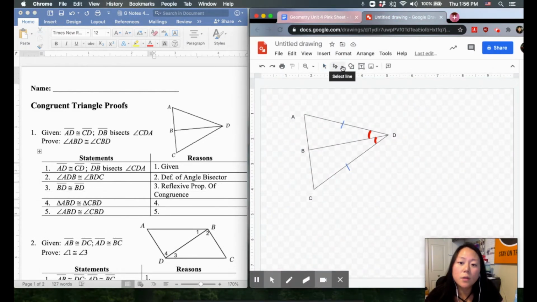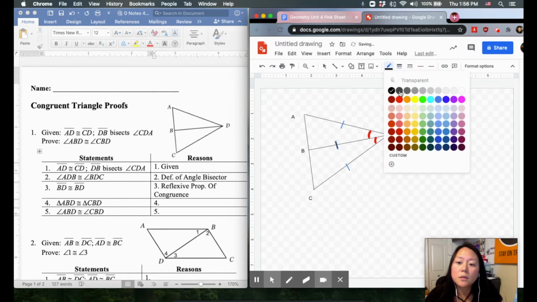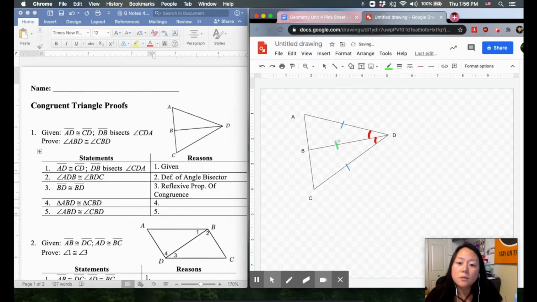Go back to our drawing here and mark that. So we want something congruent to itself. And I need to use 2 dashes this time because I already have the 1 dash taken. Let me choose the color so it's color coordinated here. So BD is congruent to itself, right?